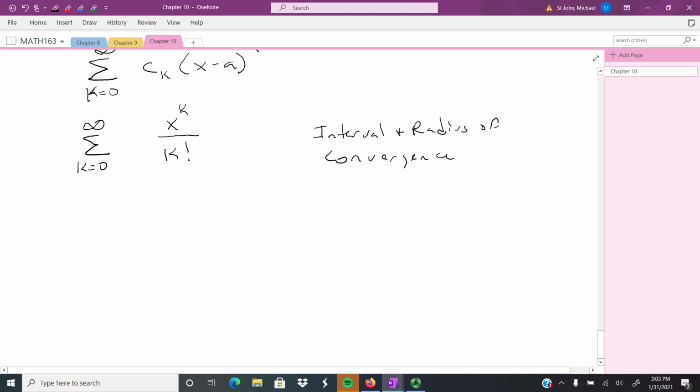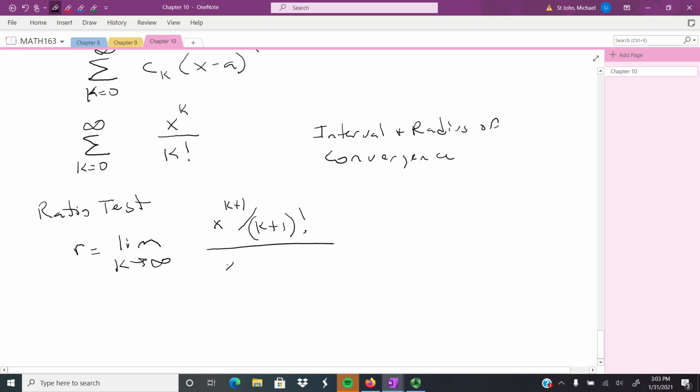So we're going to do this first by the ratio test. So r is going to equal the limit as k goes to infinity of x^(k+1) over (k+1) factorial, divided by x^k over k factorial.